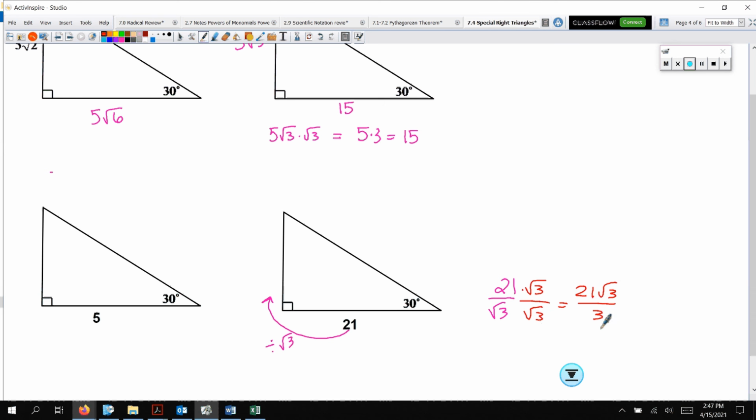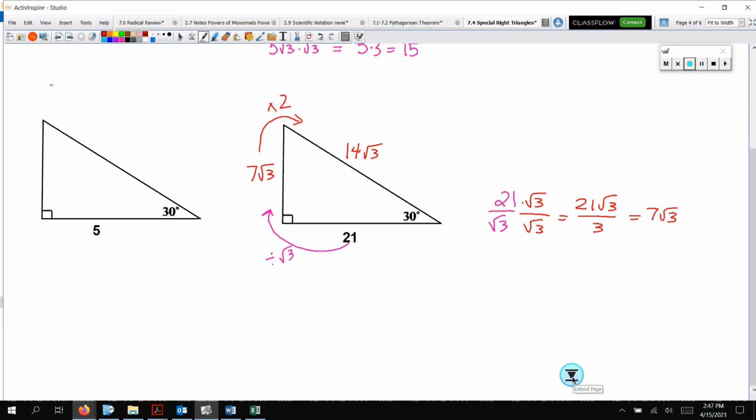Right, we just freed the 3, freed the radical. 21 over 3 is actually 7. So 7 root 3 is the measure of the short leg. To go from the short leg to the hypotenuse, we multiply by 2. 7 root 3 times 2 is 14 root 3. All right, that wasn't too bad.